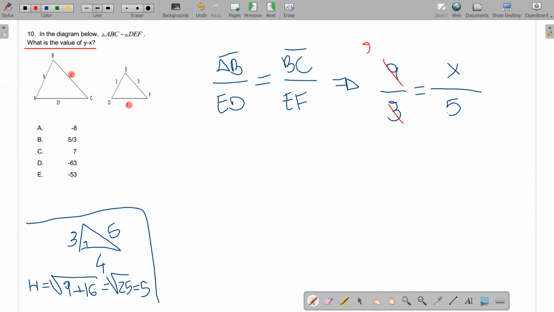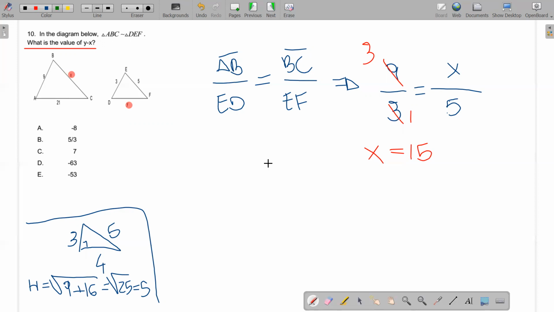This one will become just 3. So I'll just multiply both sides by 5. X will be equal to 15. We can do the same procedure to find my value for y.